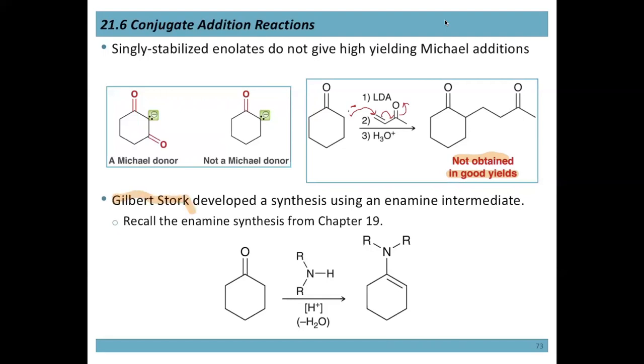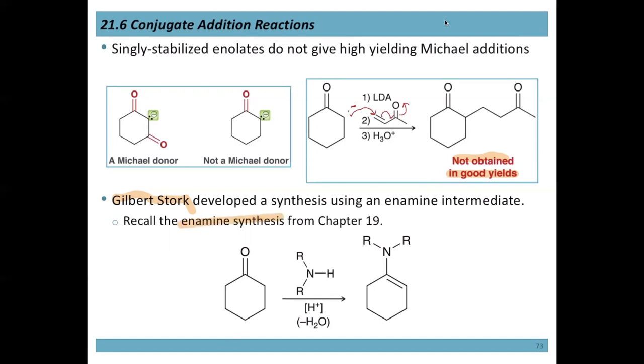So someone came up with a solution to that problem. By the name of Gilbert Stork at Columbia University, came up with a way to actually use compounds that only have 1 carbonyl. And this is called the Gilbert Stork enamine synthesis.